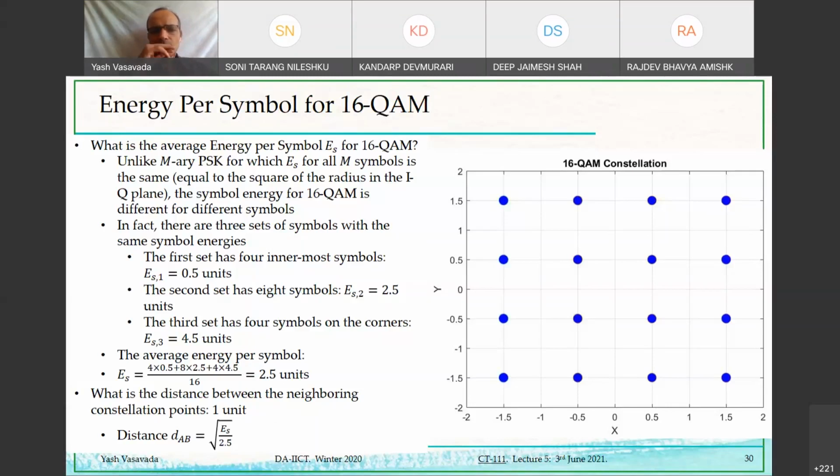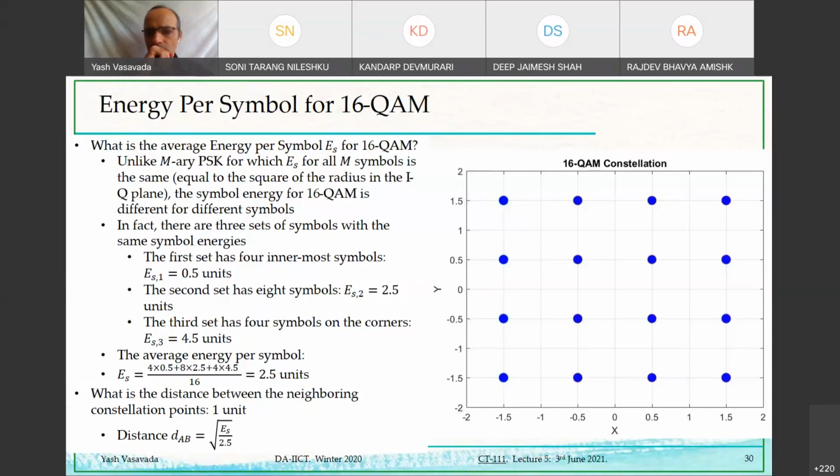By the way, who can tell me for this particular case, what will be the average energy per bit? Sorry, here it should be ES by K. 2.5 divided by 4.